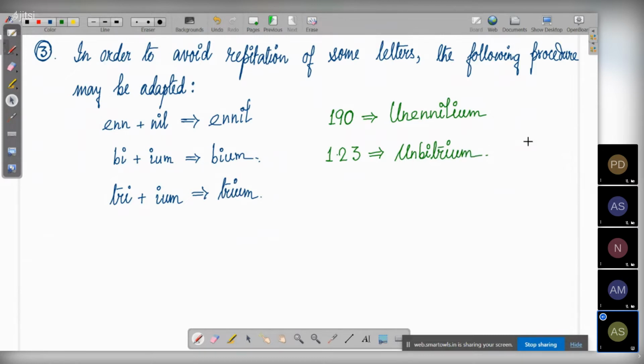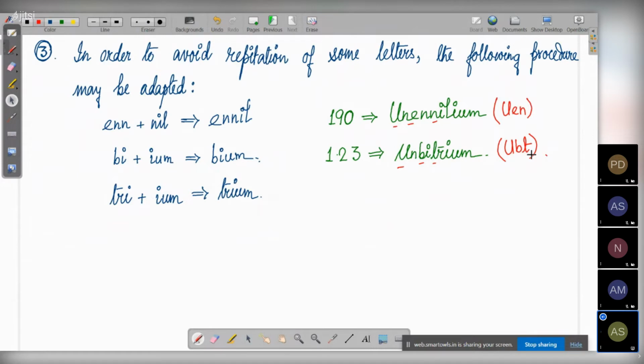So this is how you name the element, keeping the spelling in mind. The symbol for the element will be U, E, N, and for un-bi-trium, U, B, T. So this is how you are going to name this particular element.